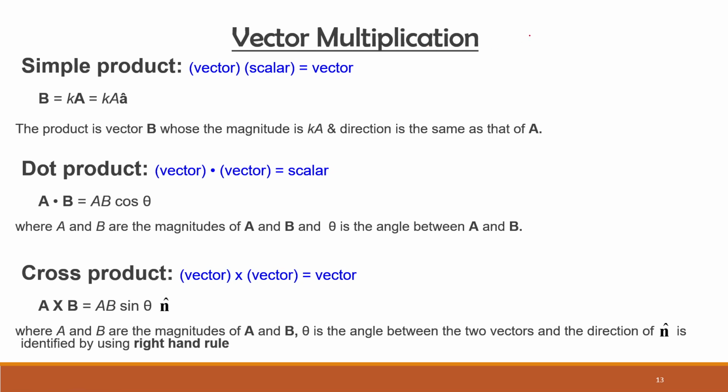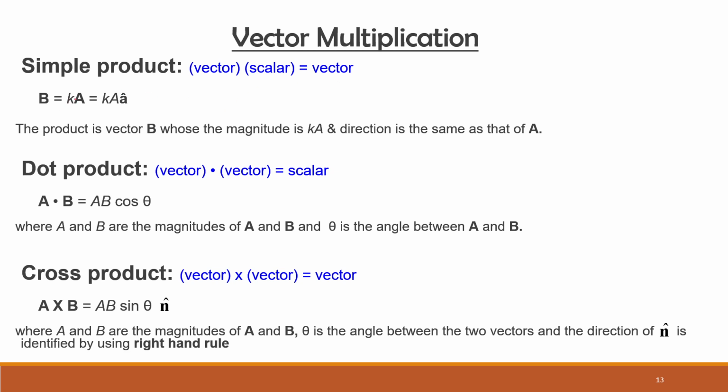Okay, now we move to the vector multiplications. We have the simple product.